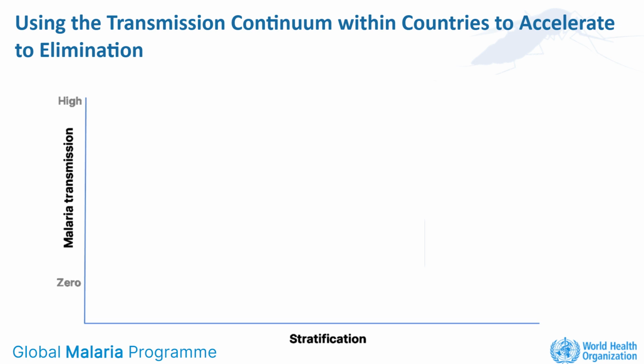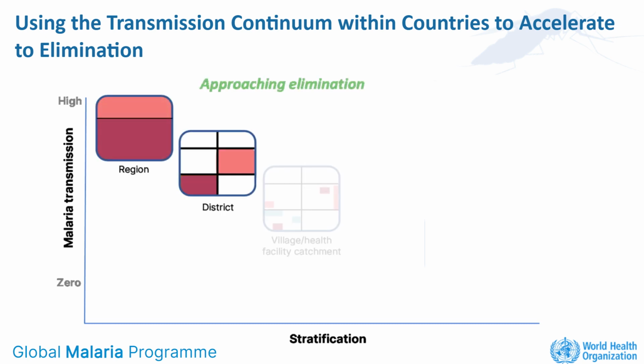Stratification should be done to the lowest geographical level for which data are available and operational decisions can be made, such as a district, subdistrict, village, or health facility catchment area.